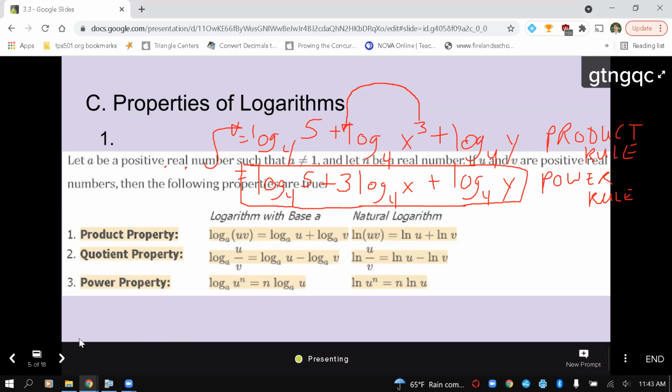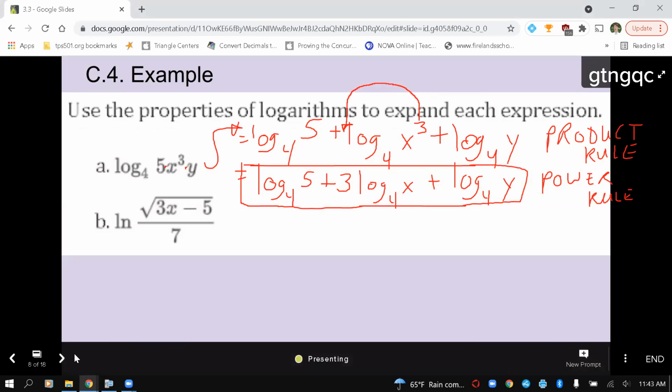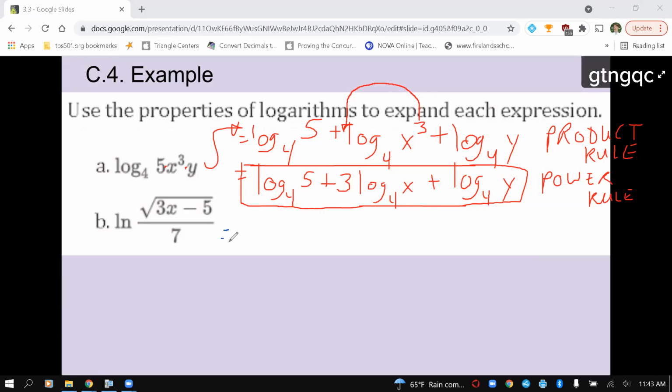Two separate logarithms where I subtract. So I'm going to do this one in blue. This becomes the natural log of the numerator minus the natural log of the denominator. That's the quotient rule.